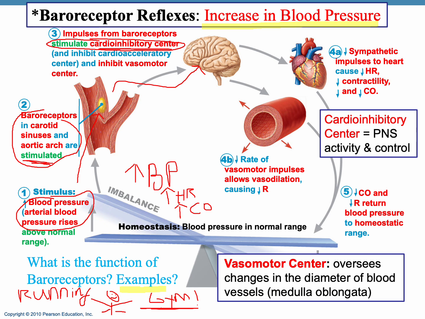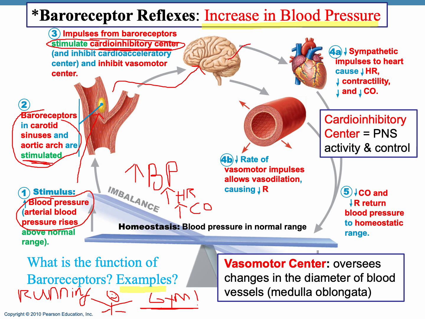And this is important because you need to get the blood pressure eventually down. So this scenario is you're exercising, you're on the treadmill, and you eventually get off the treadmill. Now it's a matter of getting back down to your resting heart rate and the blood pressure getting back to a normal level. So the message is sent up to the brain from the baroreceptors, and they stimulate the cardio-inhibitory center.